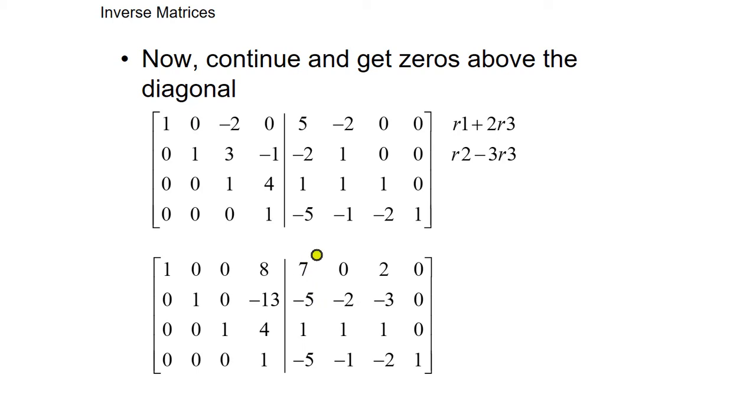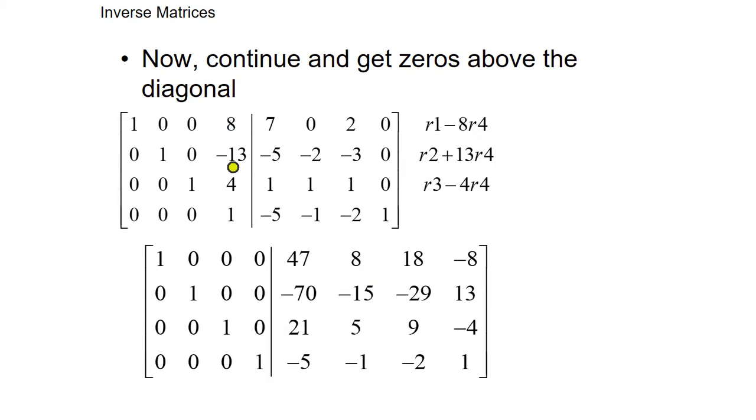Again, entries in row 1 and row 2 will change. And then we'd like zeros in the 3 positions here. Row 1 minus 8 row 4, row 2 plus 13 row 4, row 3 minus 4 row 4. We get zeros in the 3 positions here, and then of course the other entries on the right will change.